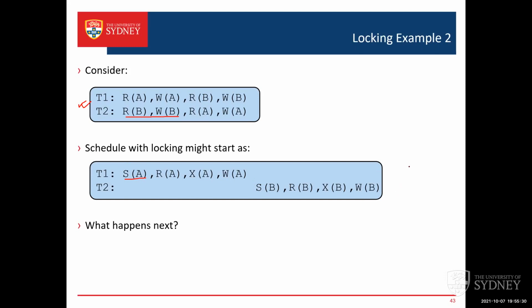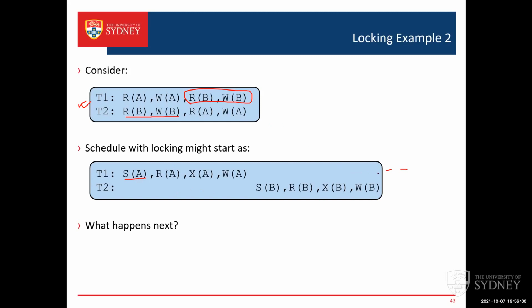Can I do something else now? I still have this part to complete. RB and WB. Can I do that one now in T1? Definitely no. We cannot do that.